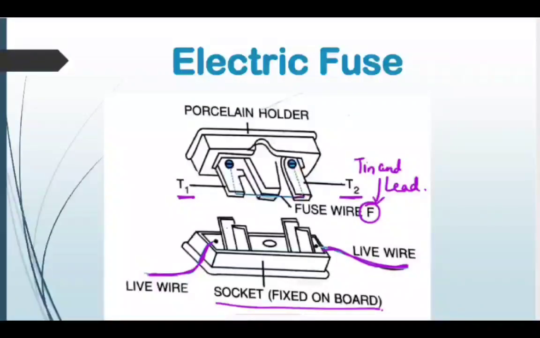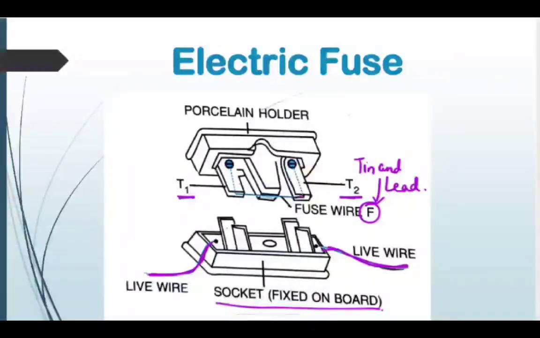Now, what is the purpose of the fuse? If the insulation of the wire of the cable used in the wiring breaks, the live wire comes in contact with the neutral wire, and this can result in a short circuit.